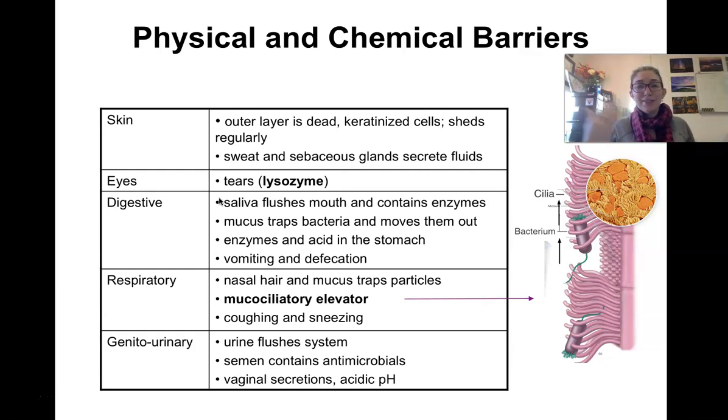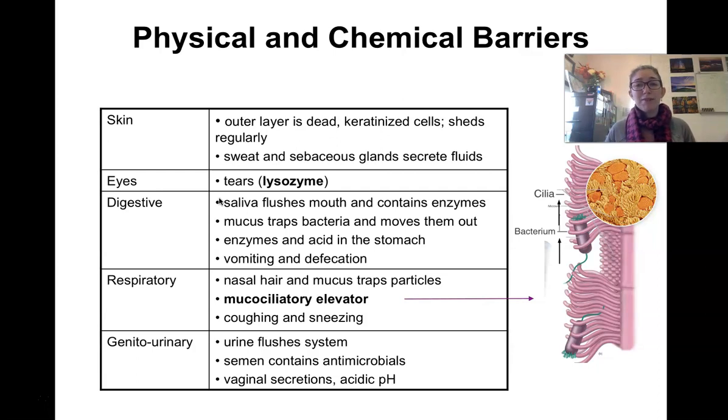You've got the constant movement and flushing action of the digestive system. There are tons of enzymes and acid in the stomach whose main job is actually to help sterilize your food before it moves into the intestines. And that flushing action can also work in reverse. If you have an infection, vomiting is a way to expel pathogens.